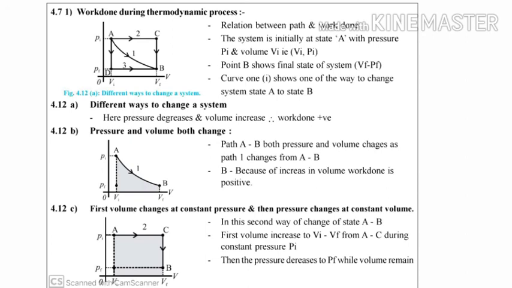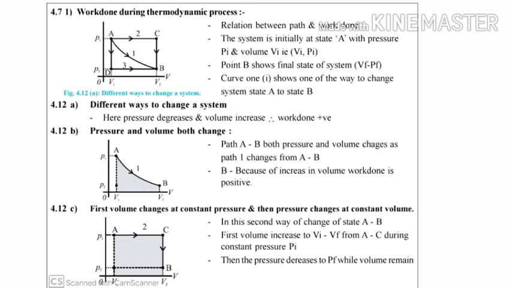From the explanation perspective, when there is a question in the exam on the work done during a thermodynamic process, first of all you have to draw the appropriate and correct PV diagram. After that, you have to trace the path correctly, be it path 1, path 2 or path 3, whether it is a curve or parallel to the x-axis.